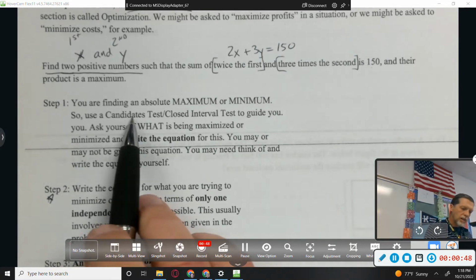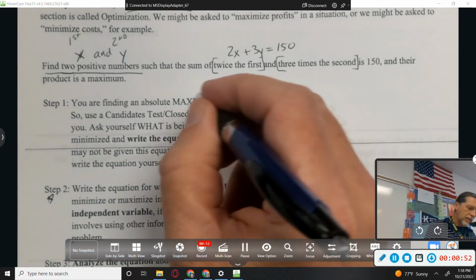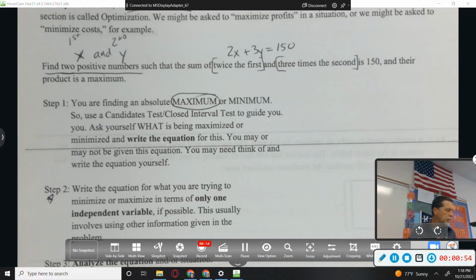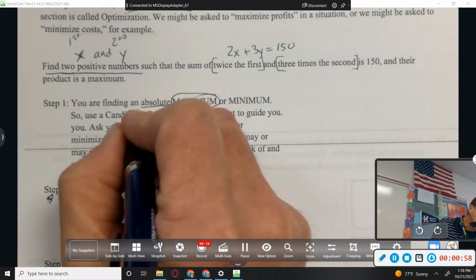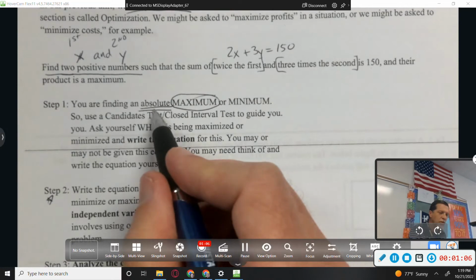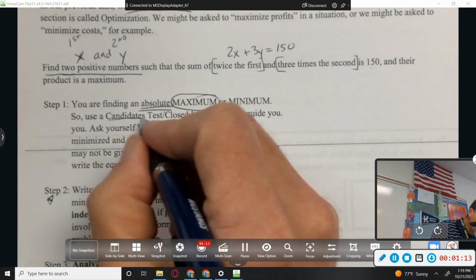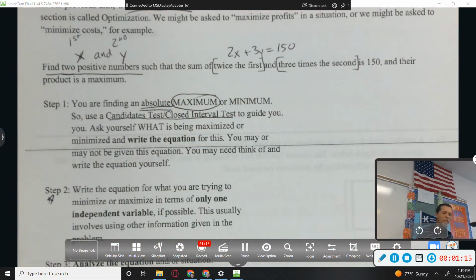Okay, step 1. You are finding an absolute maximum or minimum. Well, in this case, a maximum. And with absolute, this was on the most recent test you took yesterday. If it specifies the absolute max or min, what do we need to do? A table. So candidates test, closed interval test, that's the fancy words for it.